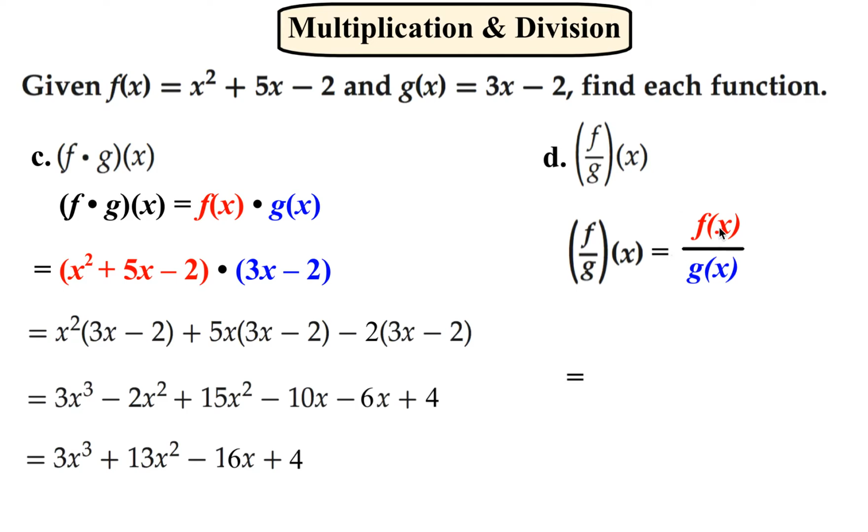And then dividing, we're just going to take the first function f on top of the second function g. Again, x equals 2/3 is not in our domain because that would make our denominator 0. Remember, set this equal to 0 and solve for x. You would add 2 to both sides, then divide by 3, and you would get x cannot equal 2/3. That is not in the domain.